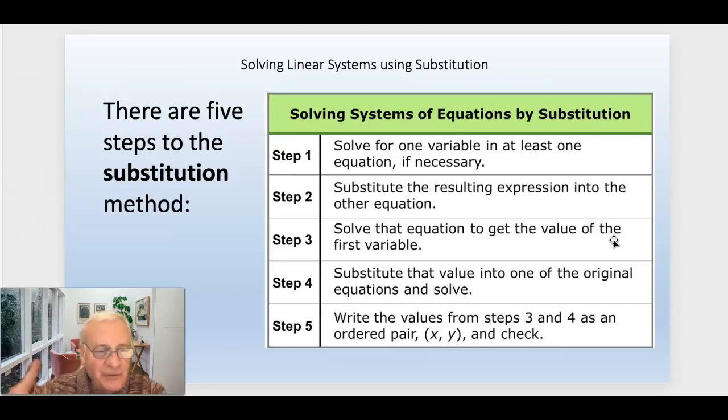So you've solved for the first variable. Then take that first variable and substitute it back into one of the original equations and solve for the second variable. Then you can write the values as an ordered pair. Your answer is an ordered pair, x, y. It's a point. All right?